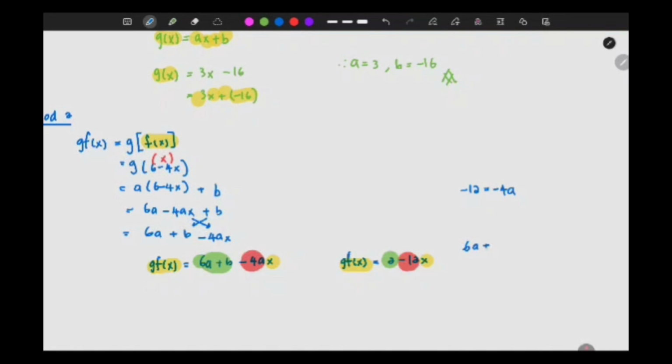Actually, you don't have to show the division, because you're doing Add Maths, you should just do it in your brain. So you got your a equals 3, substitute here. 6 times 3 plus b equals 2. And then 6 times 3 is 18, 2 minus 18, you just use your calculator, you get negative 16. And there you go.